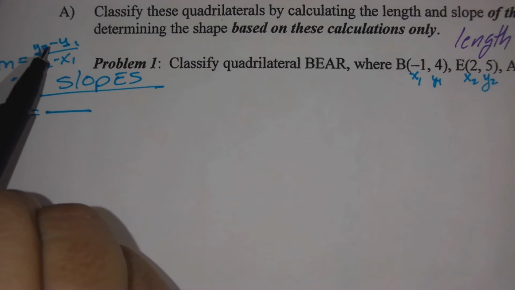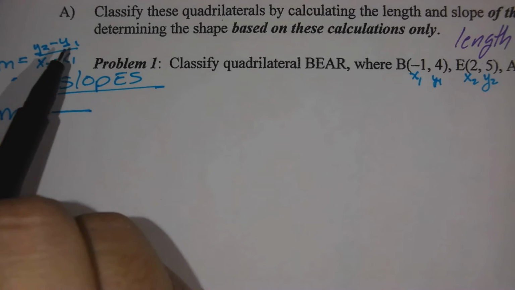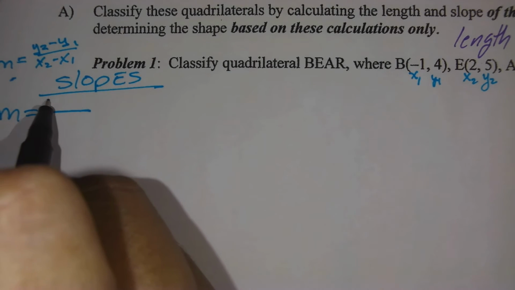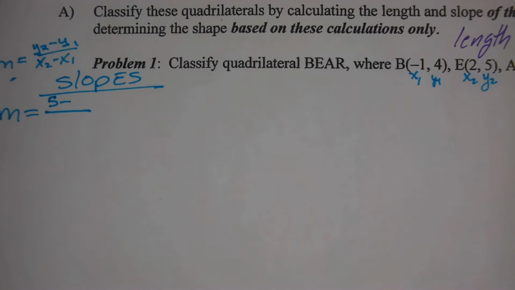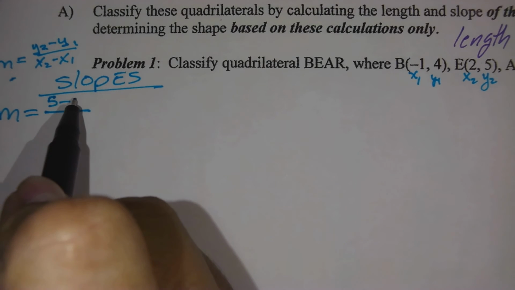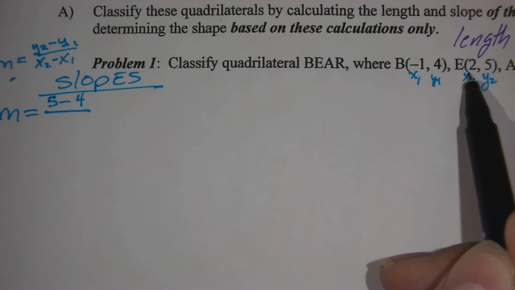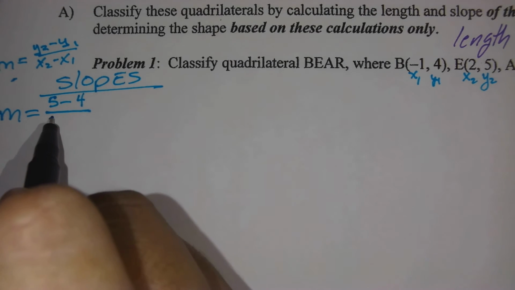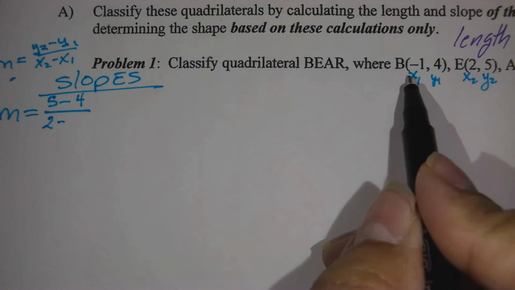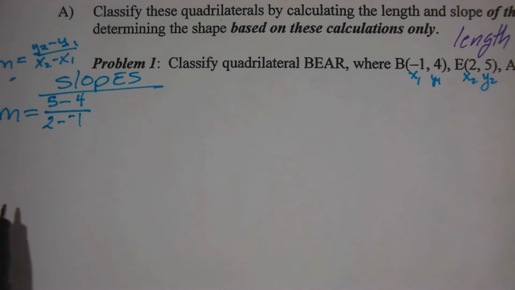So we need Y2 and Y1. Y2 is 5 minus Y1 is 4. X2 is 2 minus X1 is -1.